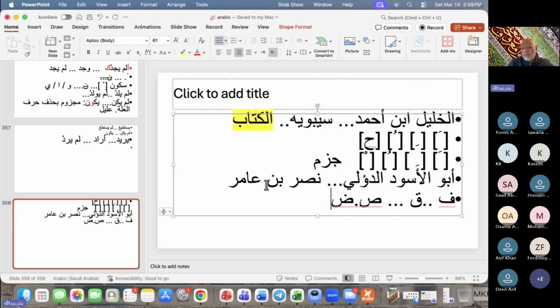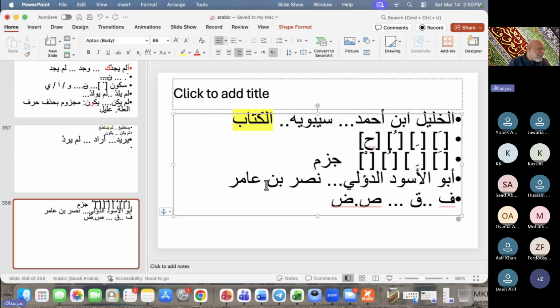People in Morocco said no, we'll just put Fa without any dots, and Qaf will have one dot, but below, not above. So this was also a discrepancy between the Masahif in the east and in the west of the empire.